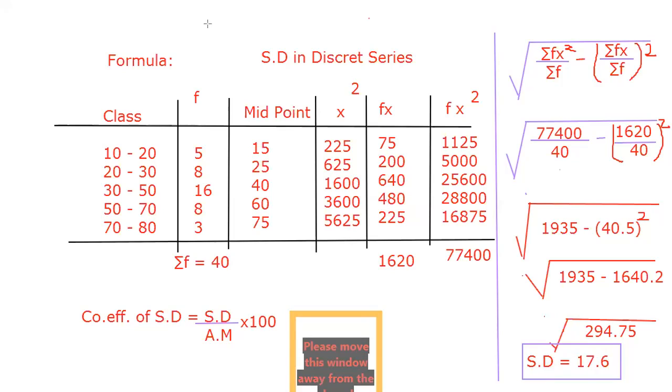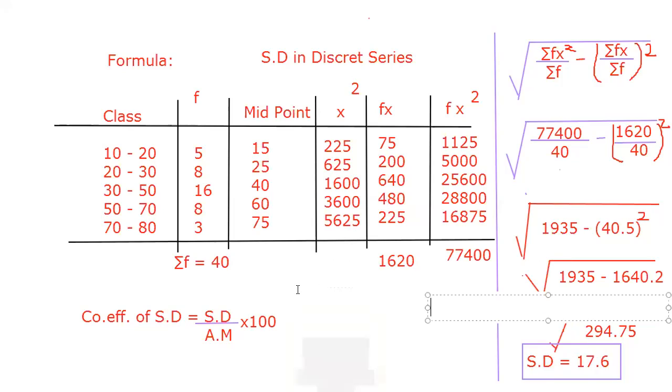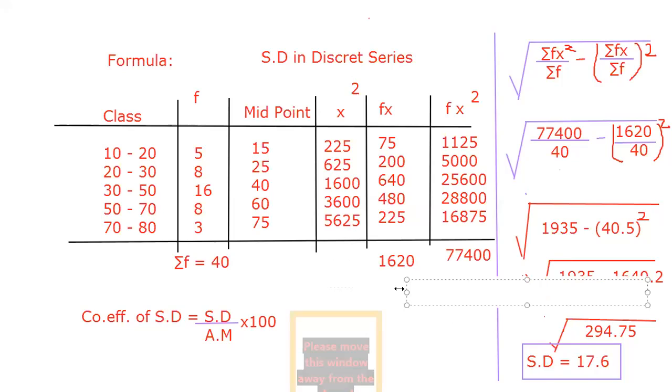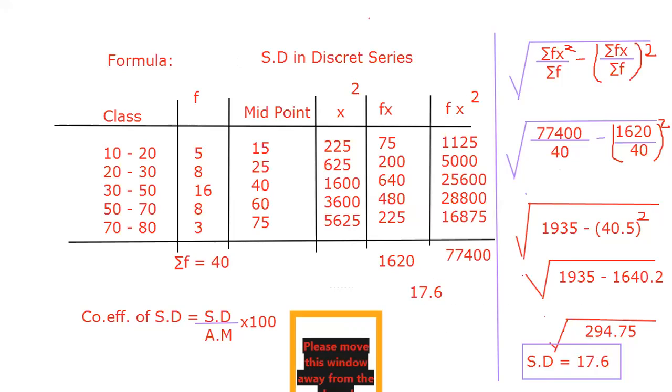Are you all there with me? So 17.6 is our standard deviation, divided by the arithmetic mean. How can we find the arithmetic mean? Again, no need to find it separately.